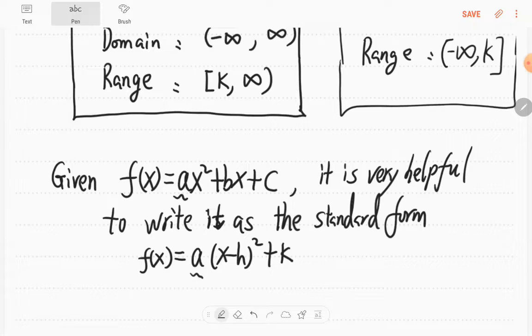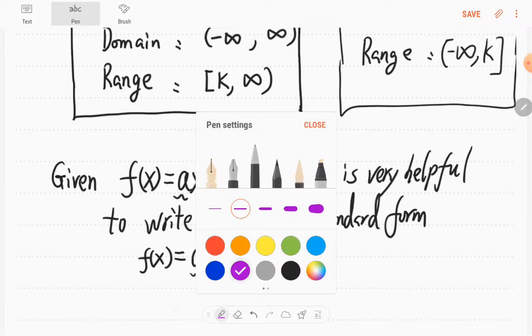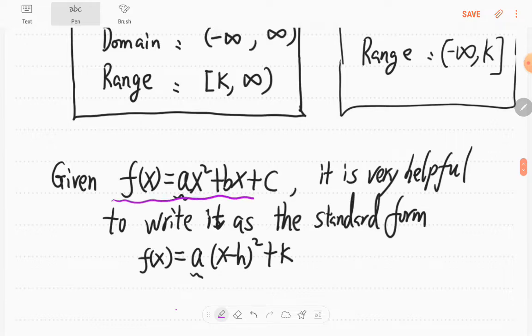Okay, so the next thing is we want to talk about how to convert this form to its standard form.